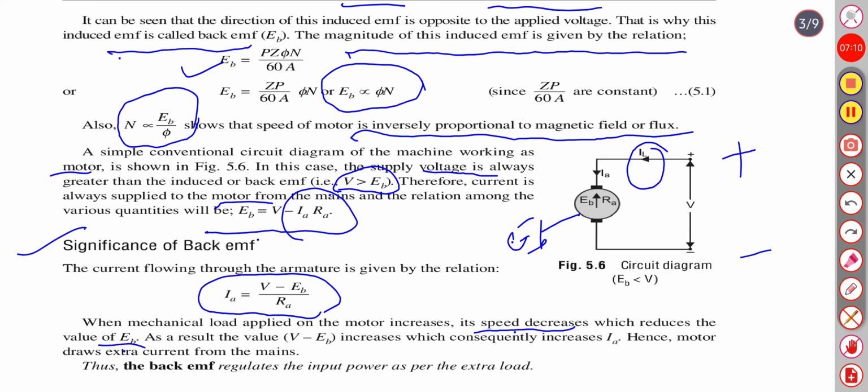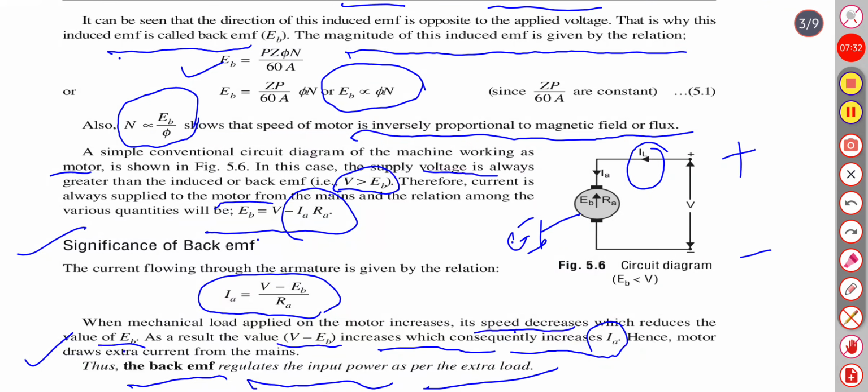As a result, the value of V minus Eb increases, which consequently increases armature current. Hence, the motor draws extra current from the mains. The back EMF regulates the input power as per the extra load.